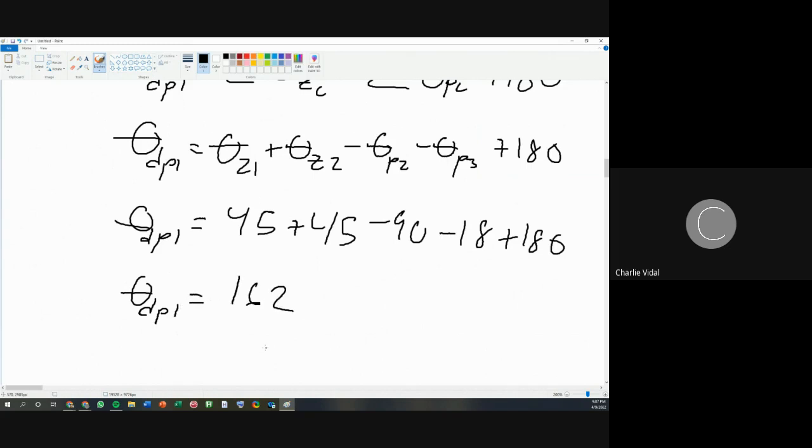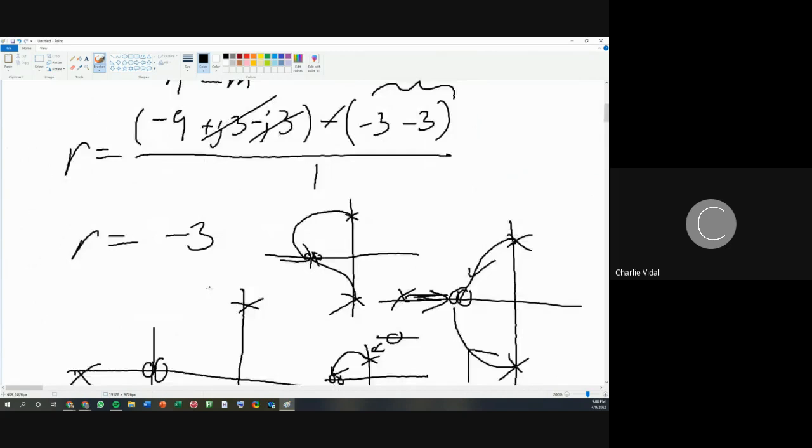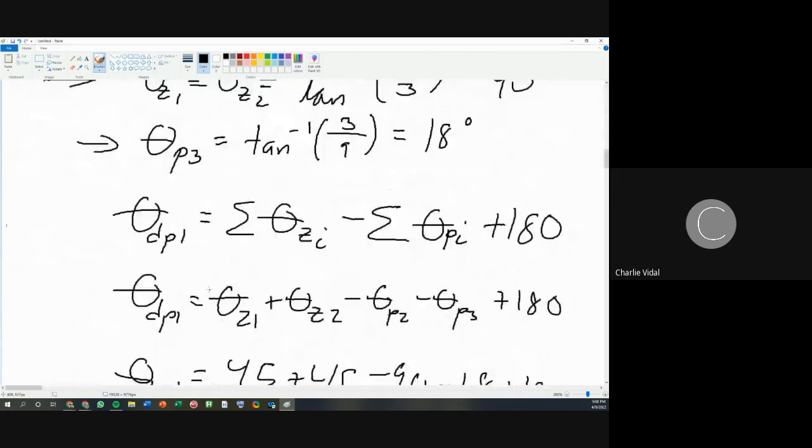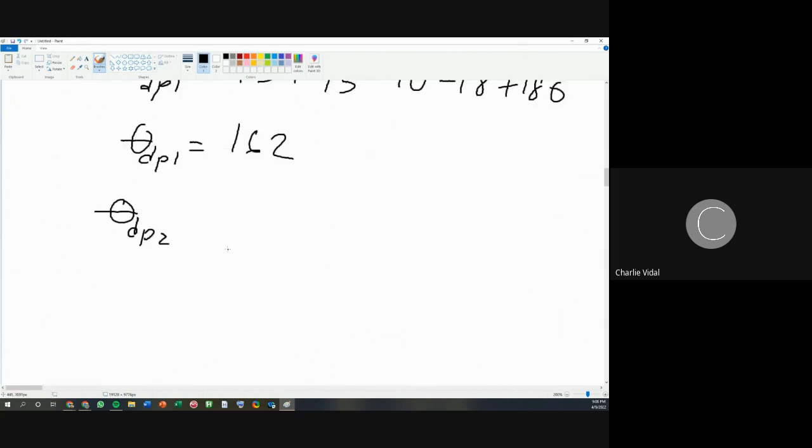We're going to draw this in a couple of seconds, but before we do that, we have to find theta dp2. It's basically in the same location, just on the opposite side, flipped on the x-axis, right? So all you have to do is just make it negative theta dp1.